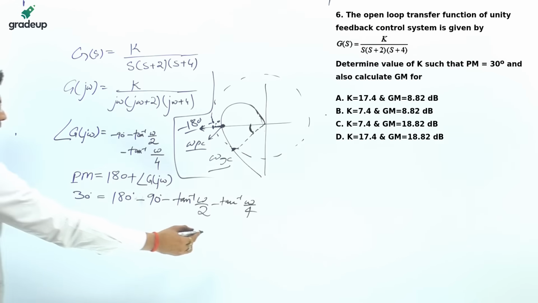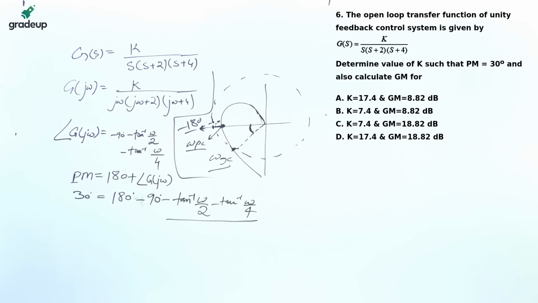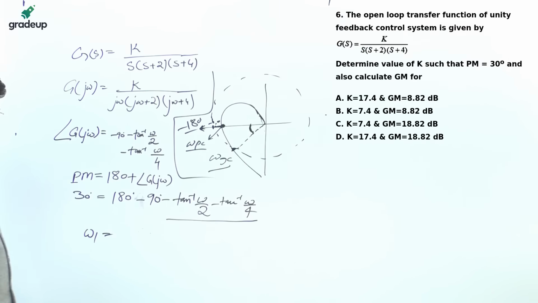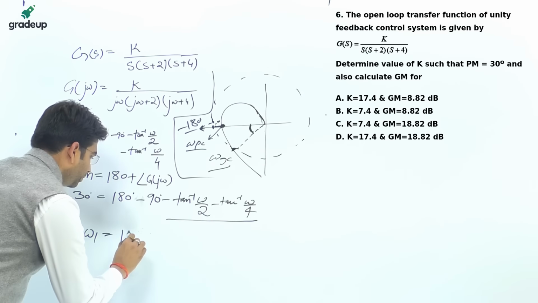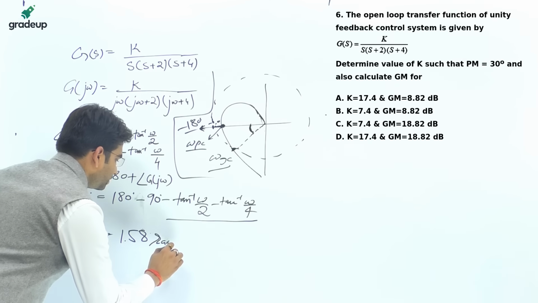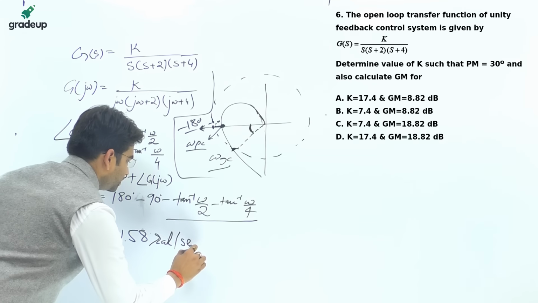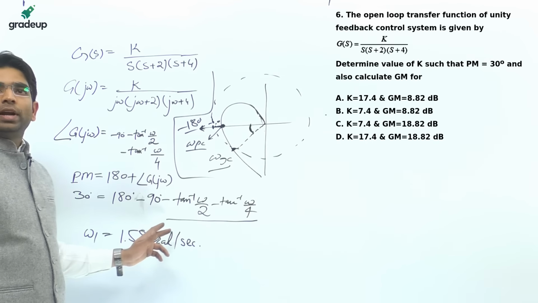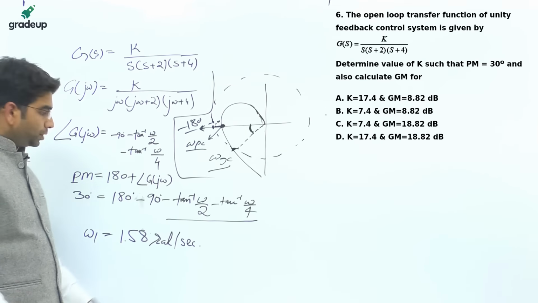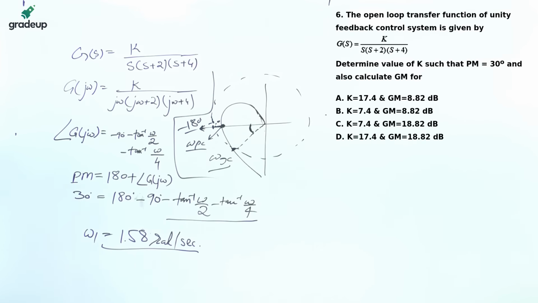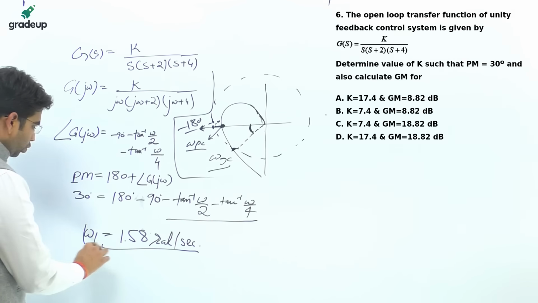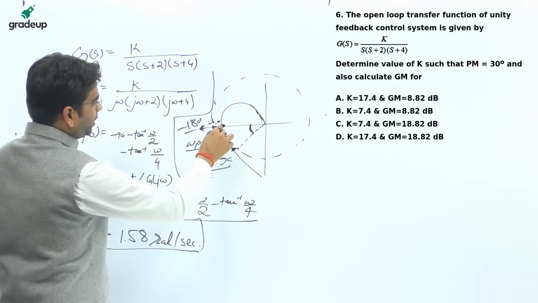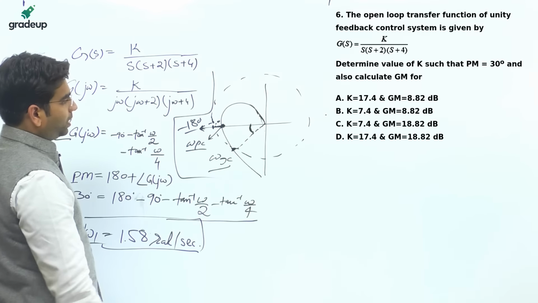So from all these points, calculate omega 1, 1.58 radians per second. Okay, omega 1 value will be calculated from this. Then from this omega 1, at this point, what will be the value of k?